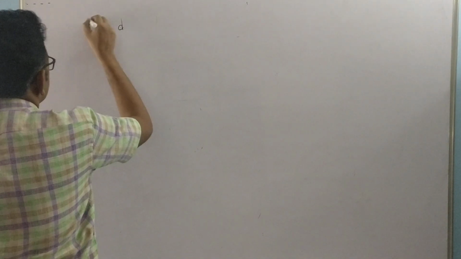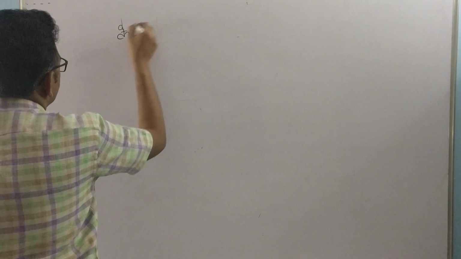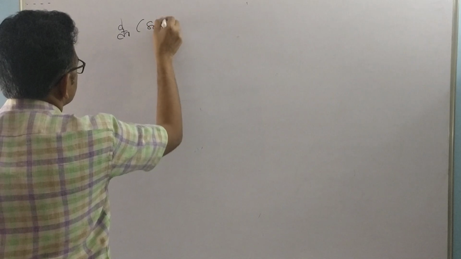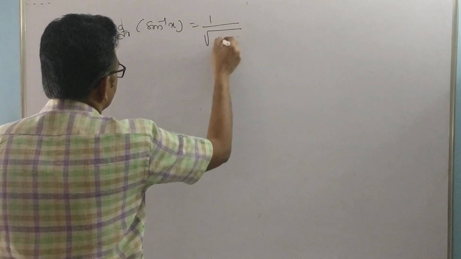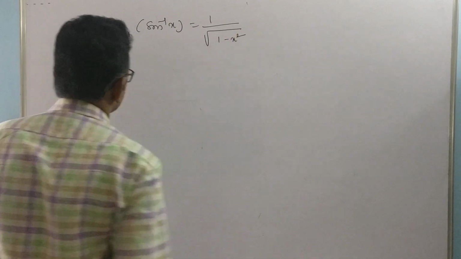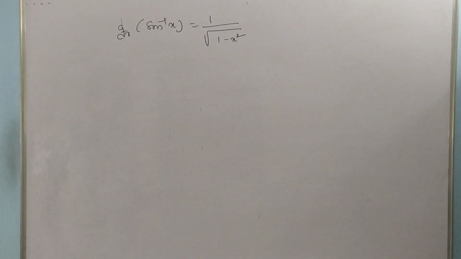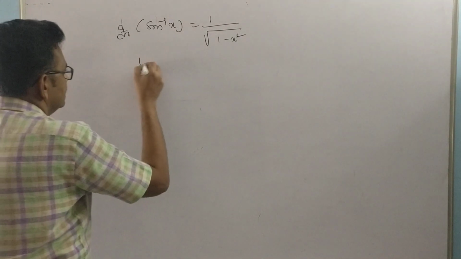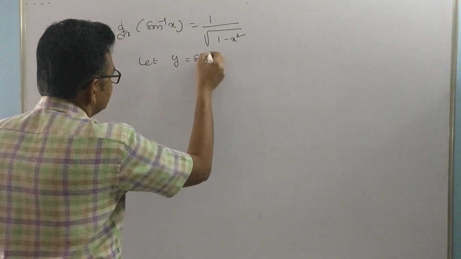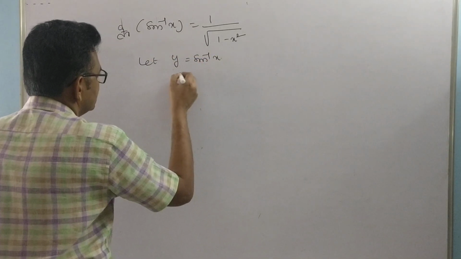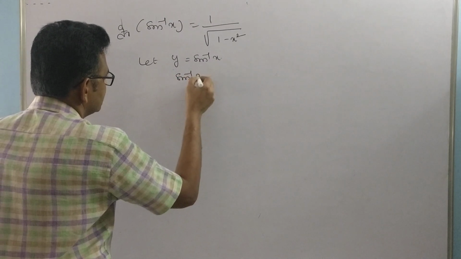Next one, derivative of sin inverse of x is equal to 1 by root of 1 minus x square. Derivative of sin inverse of x. See here, let y is equal to sin inverse of x, that is sin inverse of x equal to y.